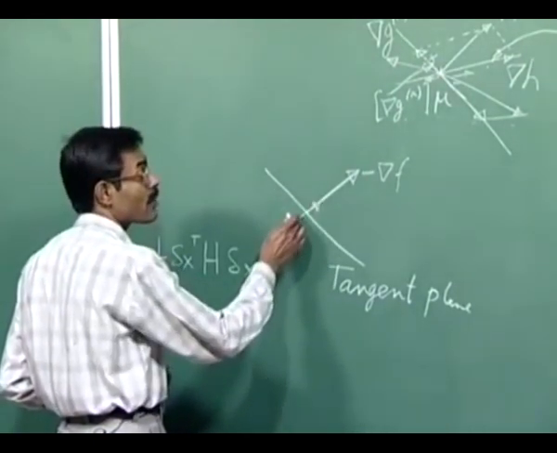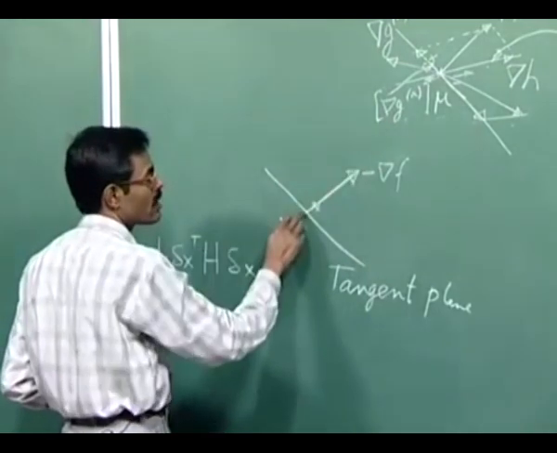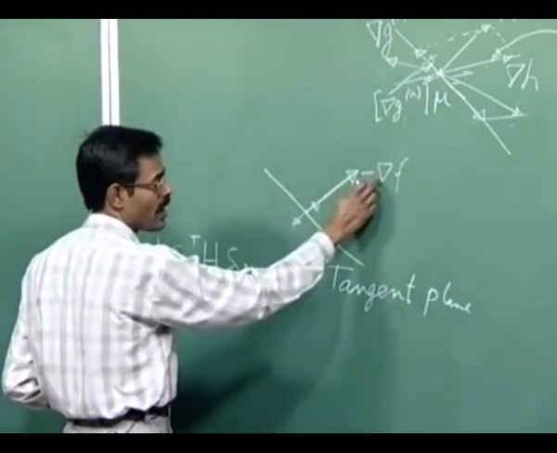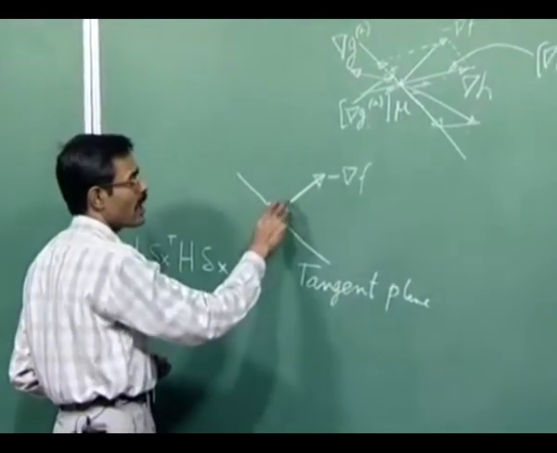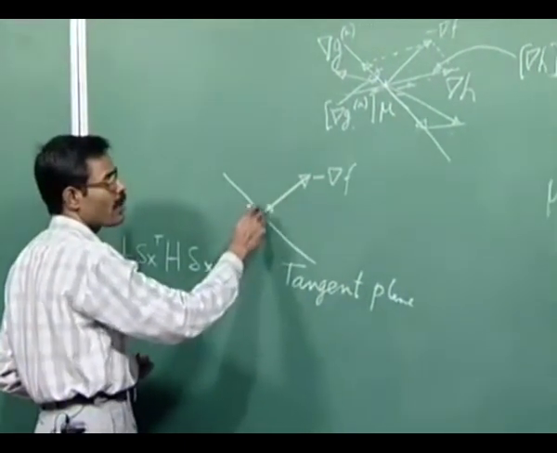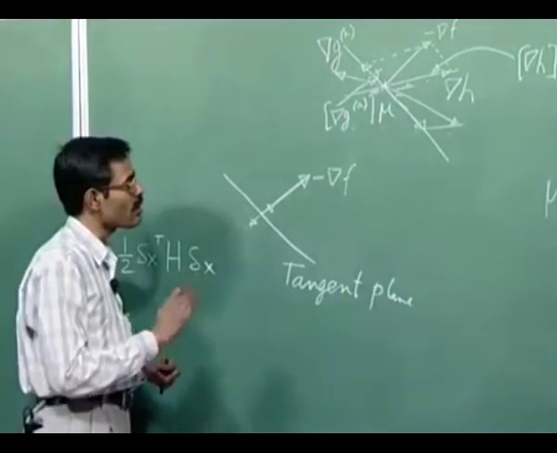So, this can have a component along grad h and grad g for that matter. Along grad h this movement itself is not feasible, so we do not bother about that.